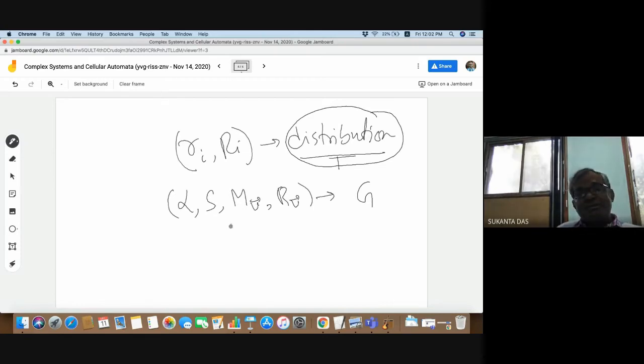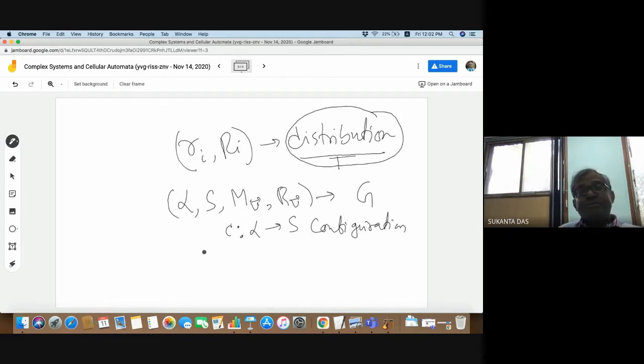So c is a configuration from L to S, right? This is a configuration like the previous classical CA, the same for non-uniform CA.